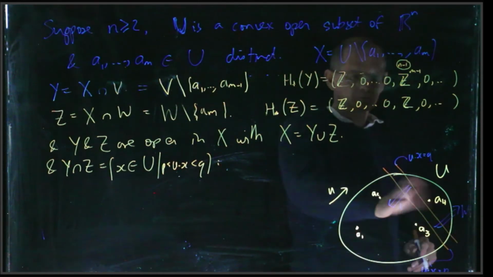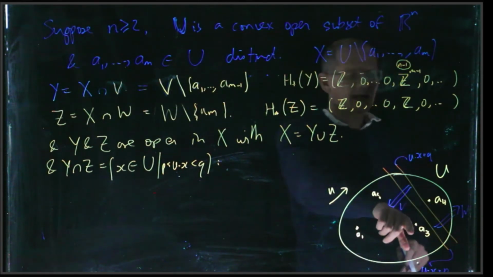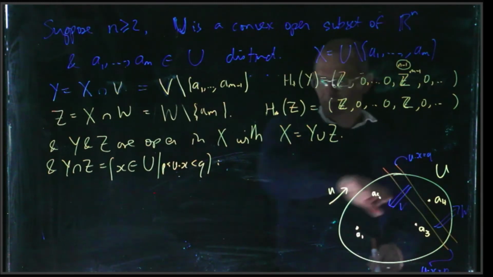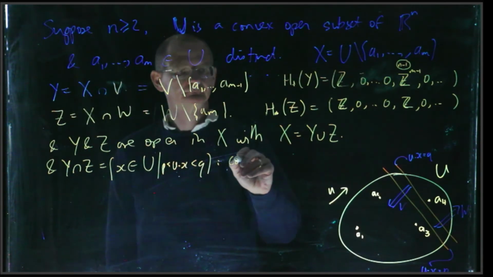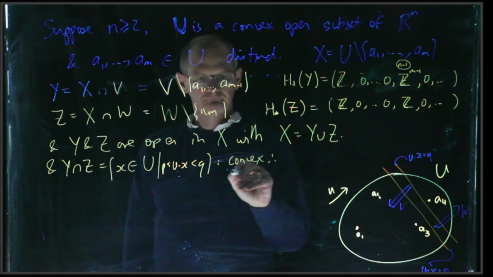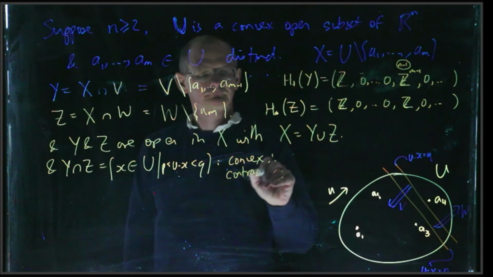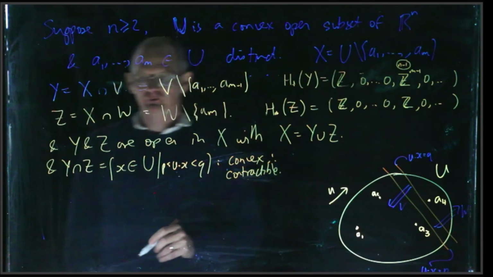We put these two lines between a_(m-1) and a_m, so there are no points to remove. So we've just simply got a convex open set. So this is contractible.